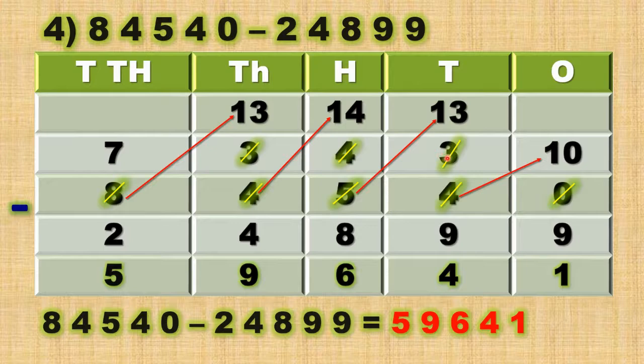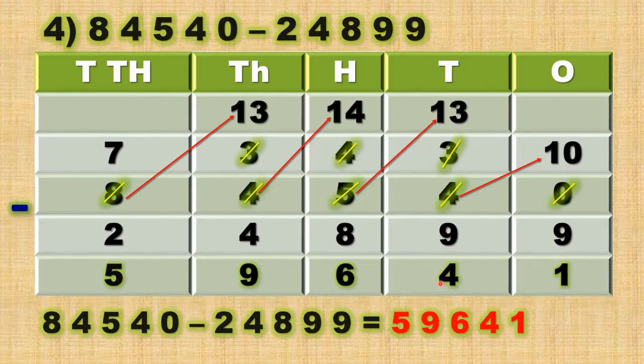So we cannot subtract 9 from 3. Now we will borrow 100 from 500s. So 5 will become 4 and 3 will become 13. So we have to subtract 9 from 13. 13 minus 9, we got 4 tens.